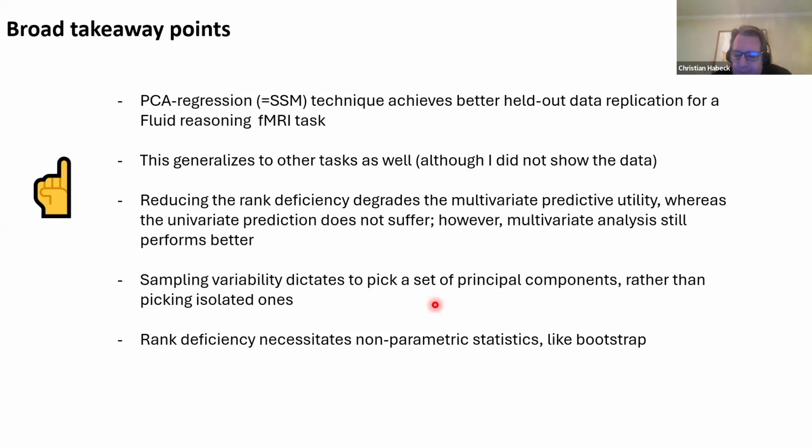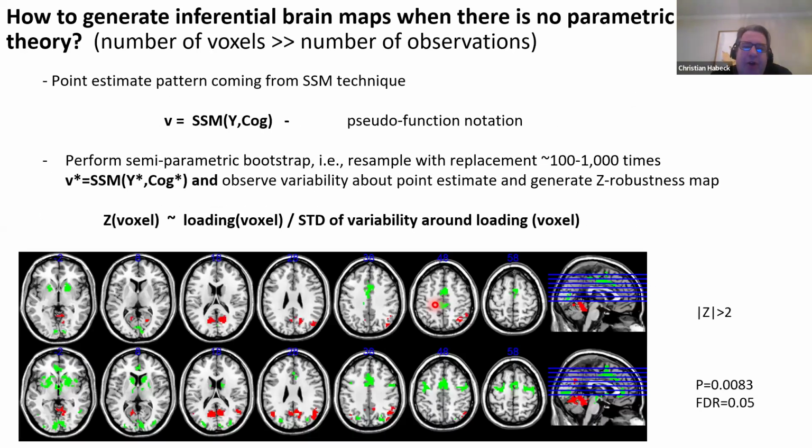They're inferentially not very robust. And then the last thing is a point of pragmatics, because we're dealing with many more voxels than observations, and we're not there yet with population level neuroimaging neuroscience, although we're getting there with the UK Biobank.